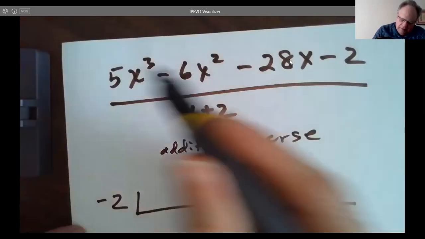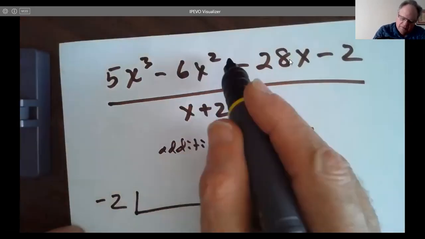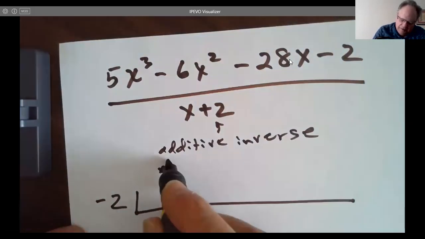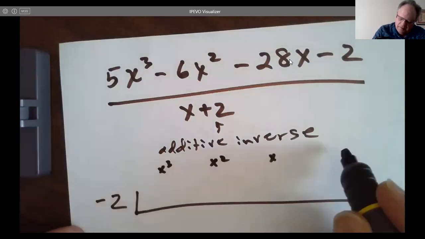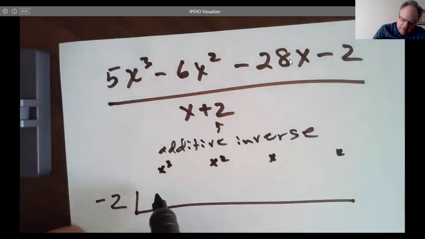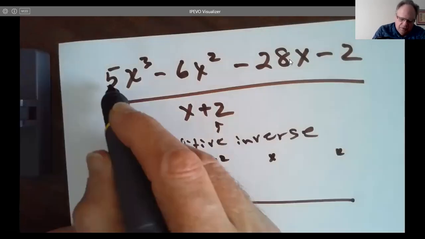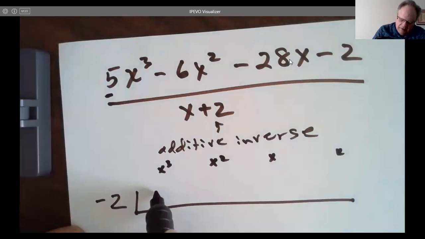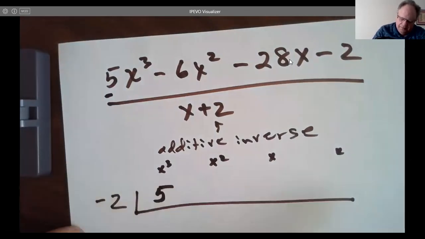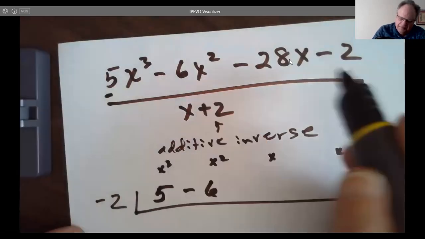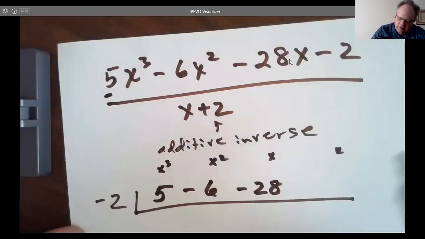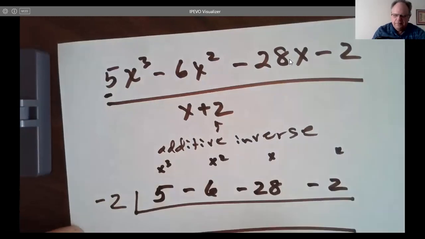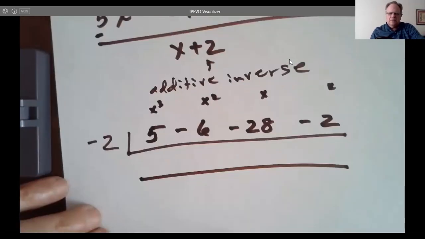And then we need a place for x cubed, a place for x squared, a place for x, and a place for our constant. Well, we just use the coefficients. So this will be a 5 for the x cubed, minus 6 for the x squared space, minus 28 for x, and a minus 2 for our constant. Okay, any questions there?